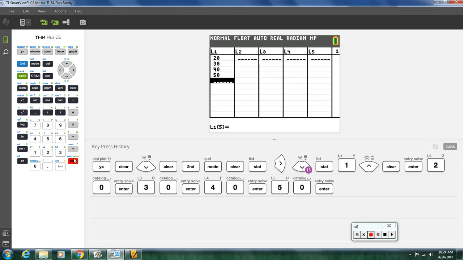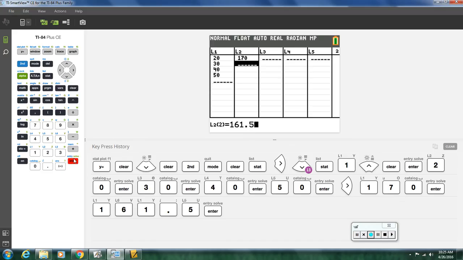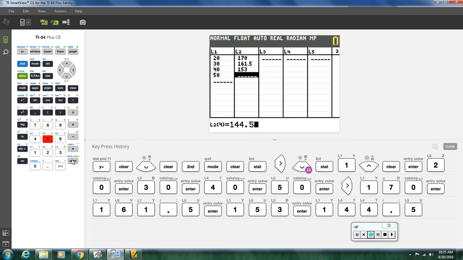They're going down about the same amount. Are they going down and back up? No, so it's probably a linear one, but I don't know. So we're going to L2 and put in 170, 161.5, 153, and 144.5. Remember, don't forget to hit enter.